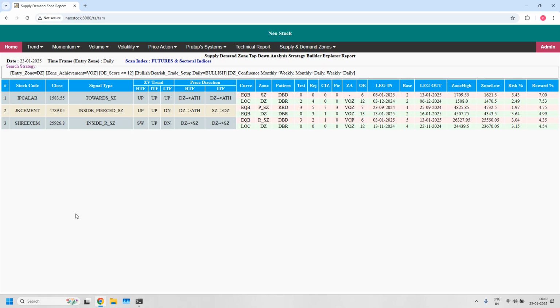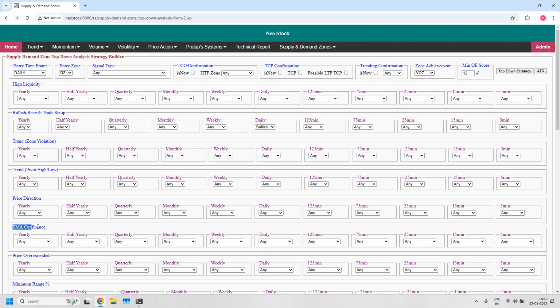Why? Because the daily zone together with the weekly zone is part of the monthly zone. So that's why in the EMA confluence, we are setting monthly demand zone having monthly EMA confluence. Of course, the trend on monthly time frame should not be sideways. Because it is a bullish trade setup, the monthly trend should be uptrend.